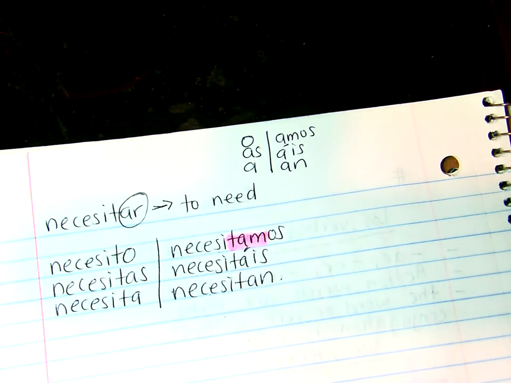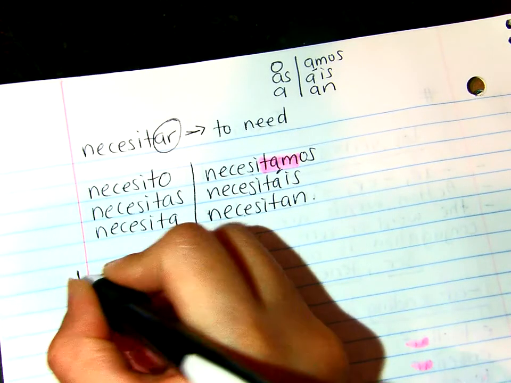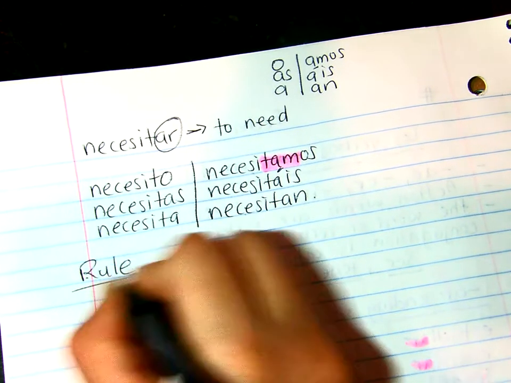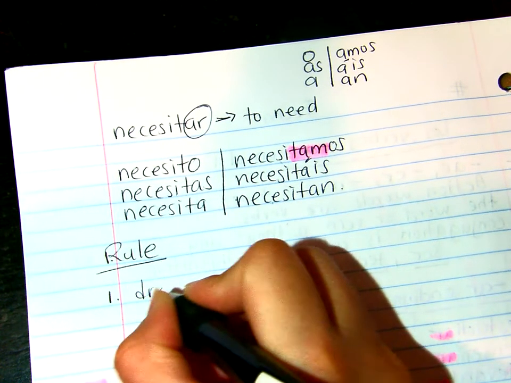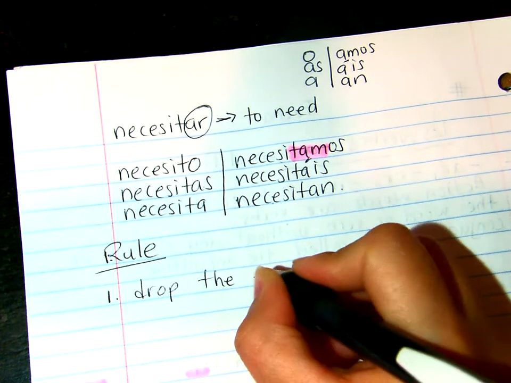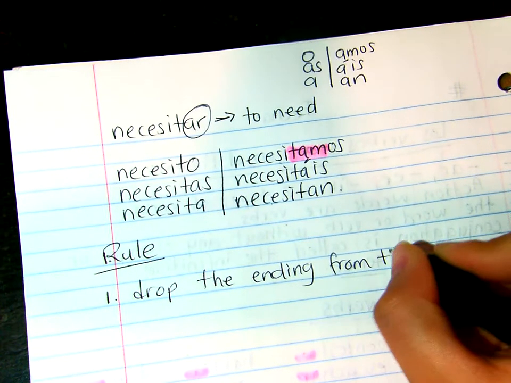Alright? So, here's a rule. Let's review the rule. First thing, drop the ending from the infinitive.